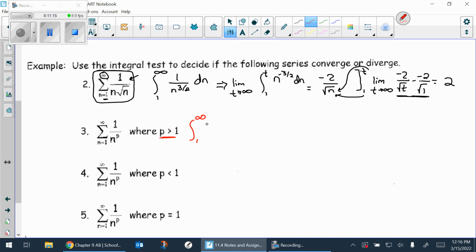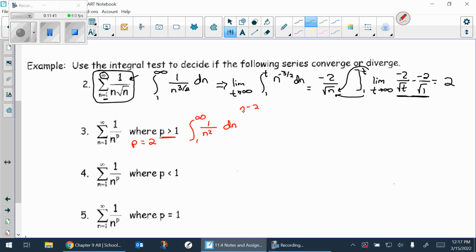And I've got 1 over n squared dn. So again, I'm saying I want p to equal 2 in this case. I chose any number larger than 1. And I'm going to think of this as n to the -2.